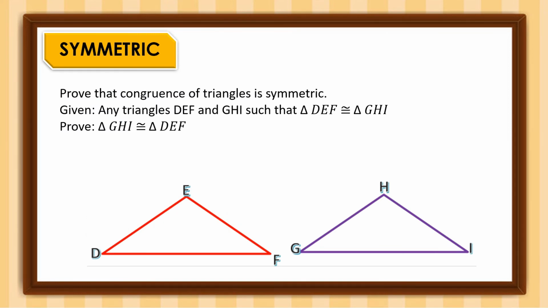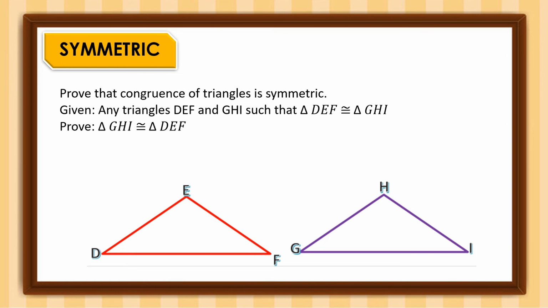Now we will prove that congruence of triangles is symmetric. Given any triangles DEF and GHI such that triangle DEF is congruent to triangle GHI, we are going to prove that triangle GHI is congruent to triangle DEF. So here, given that triangle DEF is congruent to triangle GHI, we will prove that triangle GHI is congruent to triangle DEF.